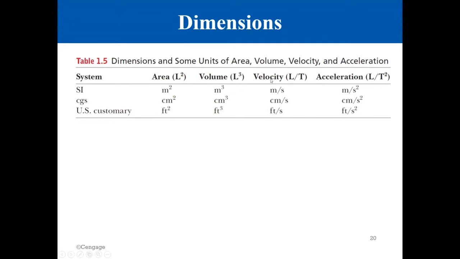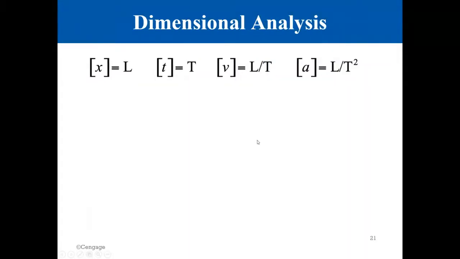For velocity, the dimension is the dimension of length divided by the dimension of time. For acceleration, it is the dimension of length divided by the dimension of time squared. So when we have this understanding regarding the dimensions, we can use this information to check on the validity of equations. For velocity, we expect the dimension of length divided by the dimension of time.